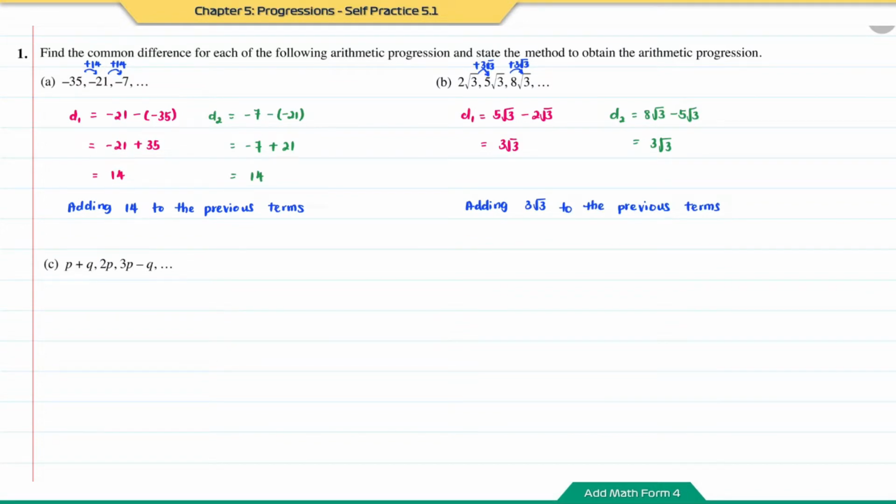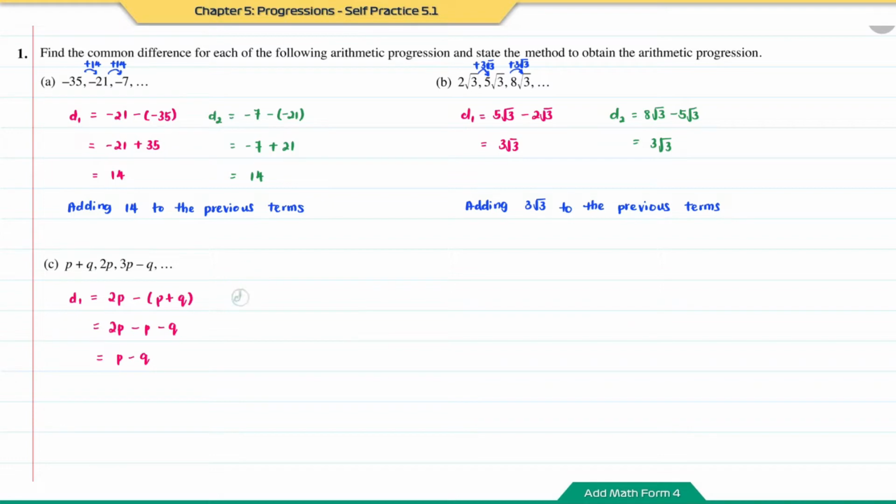Question C. The terms of this arithmetic progression involve algebra. The same thing, if you want to find the common difference, just find the difference between two consecutive terms. Here I'm going to use 2p minus bracket p plus q, so I'm going to subtract the whole thing. This is the same as 2p minus p minus q. Solving for the like terms, you're going to get p minus q.